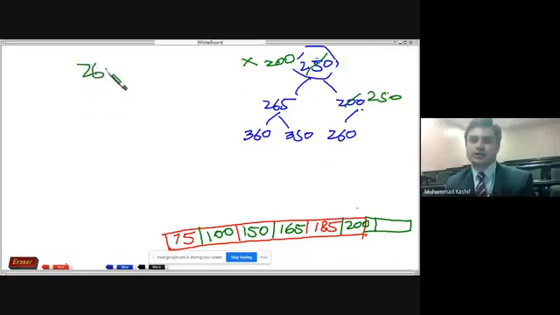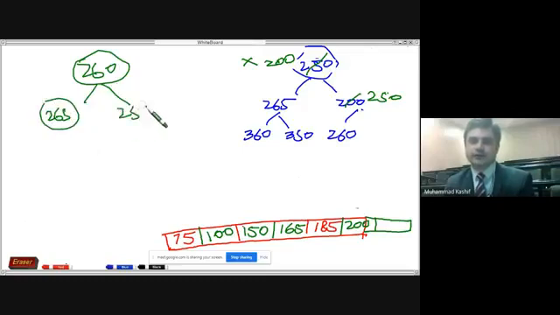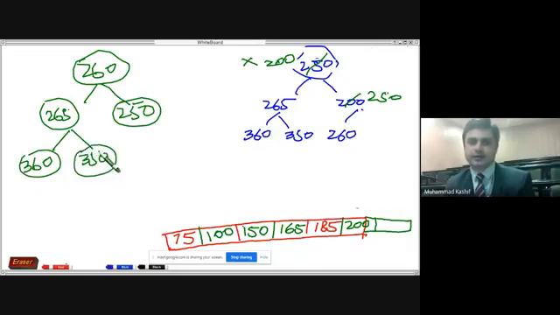So 260 becomes a root node, and on the left we have 265, on the right we have 250, on the left of 265 we have 360, on the right of 265 we have 350, and on the left of 250 we have 260, right?